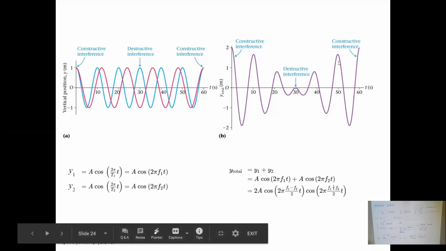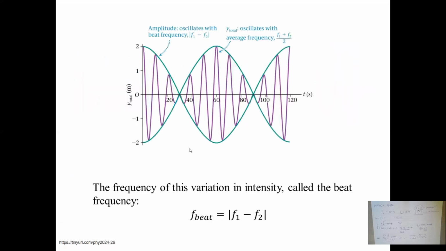The amplitude oscillation is according to the new term, the cosine of the difference of the two divided by 2, times 2a. So overall, you'll see the amplitude varies, and also the total oscillation of the wave is this. That's what you will see.